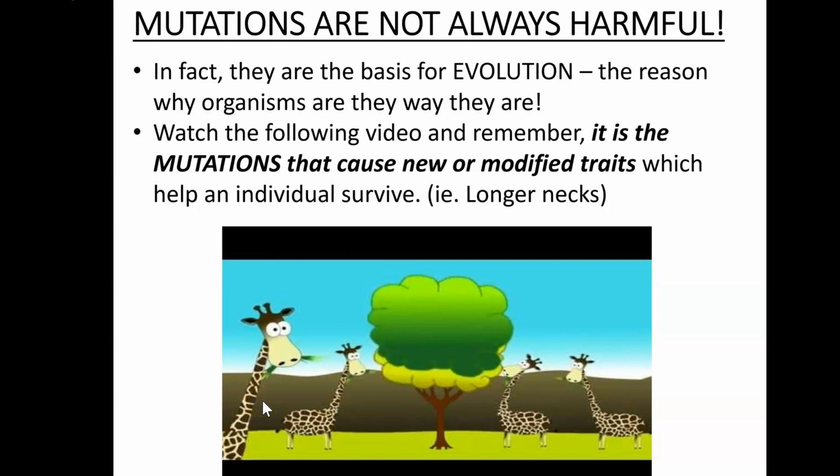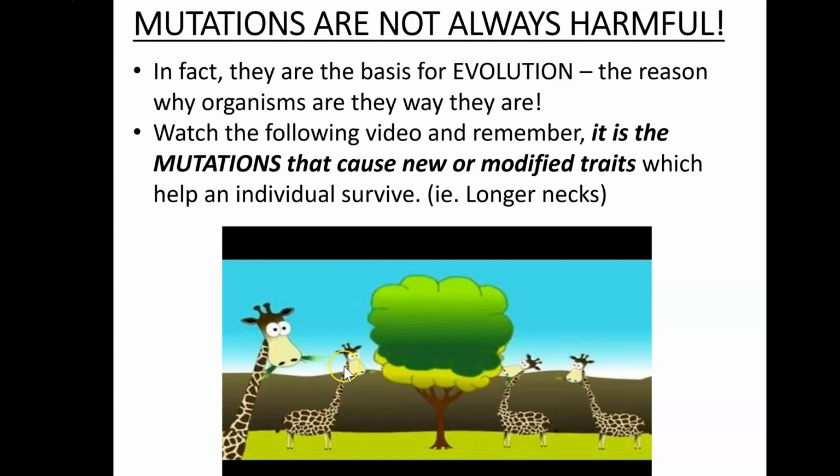But this is a diagram just showing you what a mutation over time in giraffes allowed them: a mutation that allowed them to increase their neck length so that they could reach much taller trees, as they're competing with other animals.